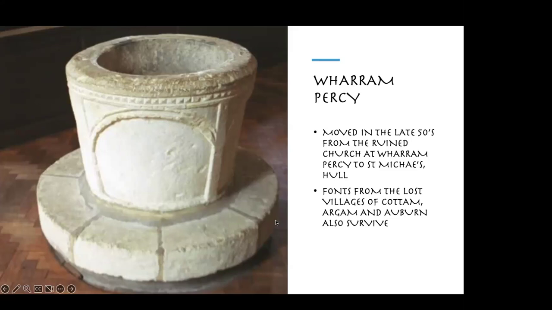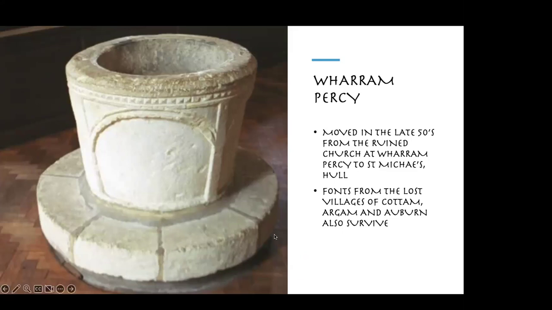Now, it's not the only font that survives from a lost village. So, for example, the village of Argham, which is north of Grindale and is now lost, its font is now in Grindale Church. Cottam, which again is a lost village, its font and some other stonework from the church is now at Langtoft.